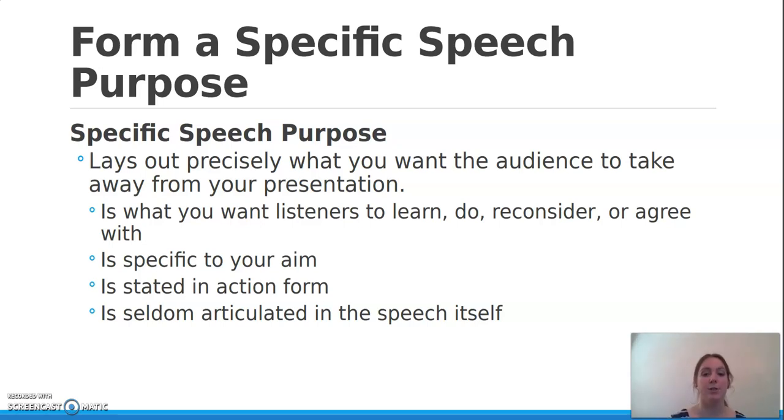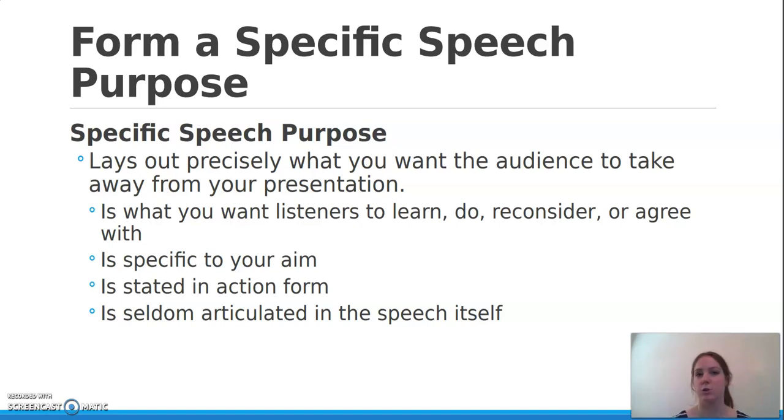What do you want them to consider? What do you want them to agree with? This is really the specific aim for your speech, or the action that needs to be taken from this, which is seldom articulated in the speech itself.